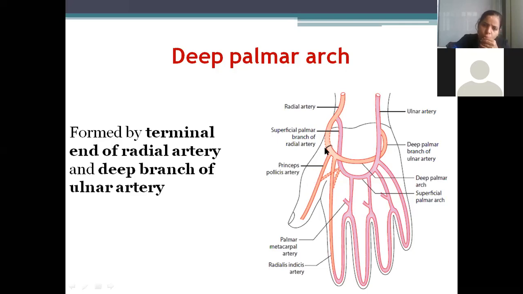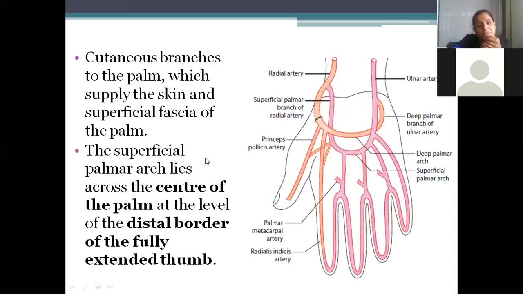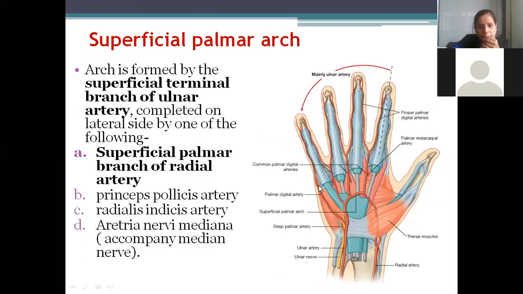Because its course is more towards the thumb, no, beta? So it goes sometimes towards the thumb. It may join with the deep palmar arch. Which one? Radial artery, superficial. Ninety percent of the time. That's the reason I told you those were exceptions. Ninety percent of the times, 99 also we can say.